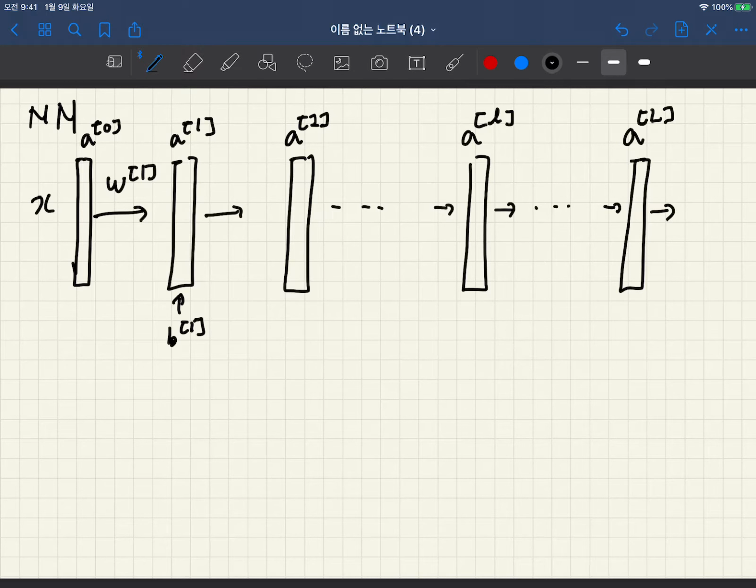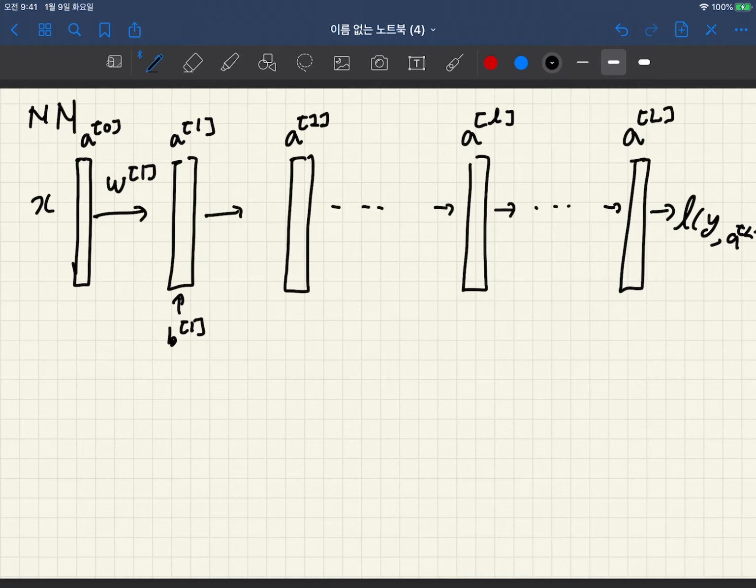And we also have some loss function for every input x. We usually measure the distance between the true label y or true value y and the output of neural network.